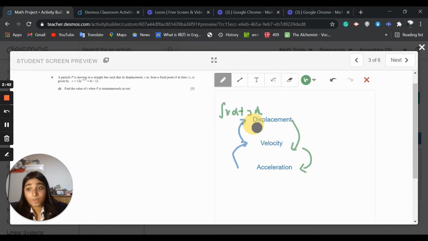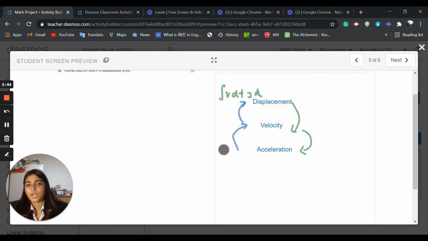I apologize for my horrible handwriting, knowing that I'm writing with a touchpad. Anyways, going further, acceleration to velocity, if there's integration here, that means there's integration here as well. So, I would say we change a dt equals to v.